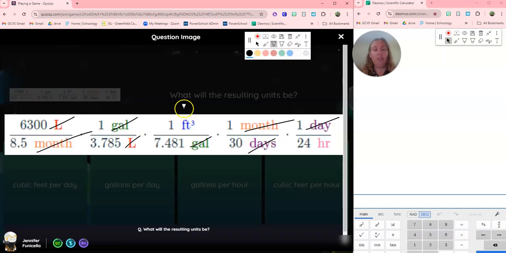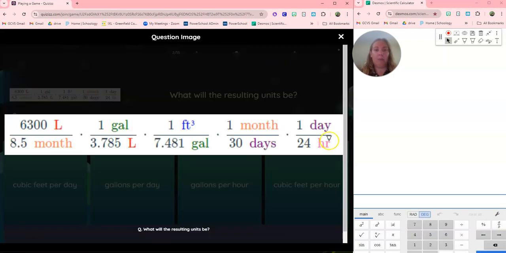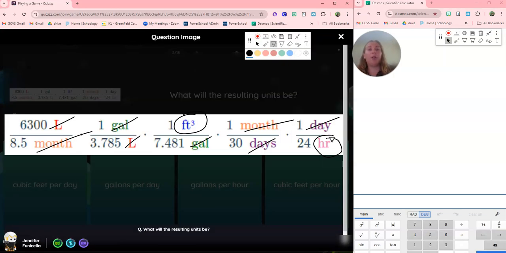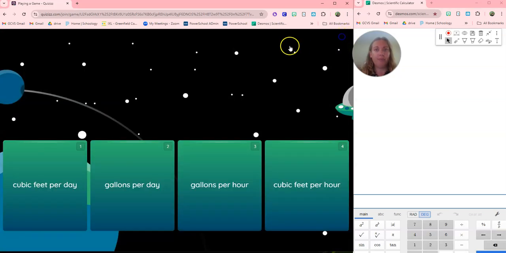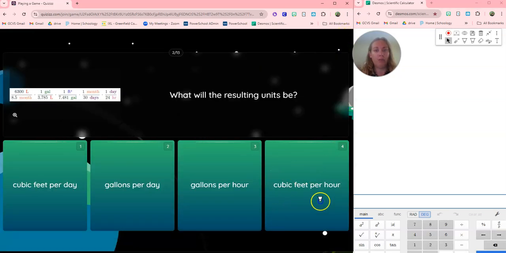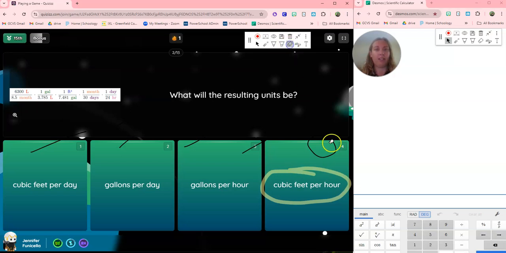Days will cancel. So our units at the end are going to be feet cubed per hour. These are the only two that don't have a pair. So cubic feet per hour, which is right here. So go ahead and select that option. And when you're all set, go to the next.